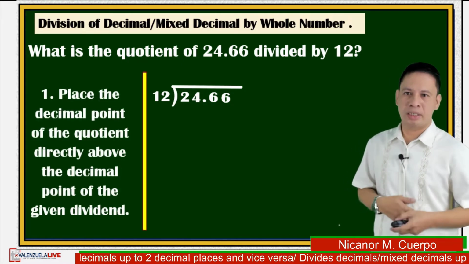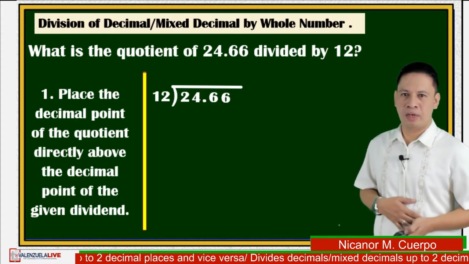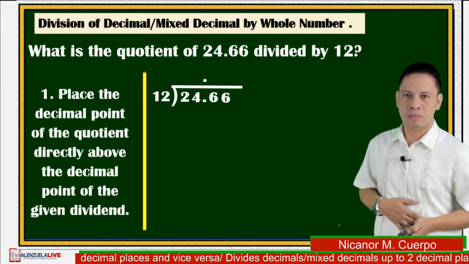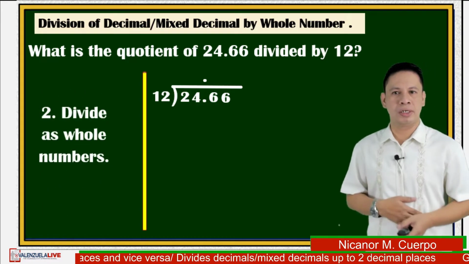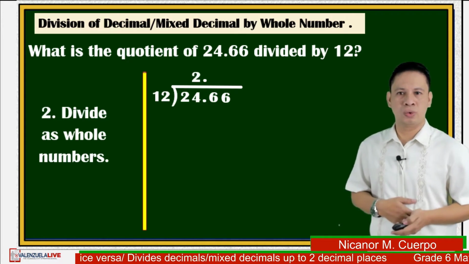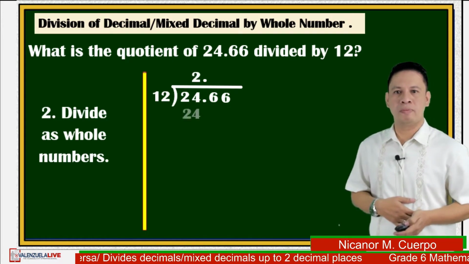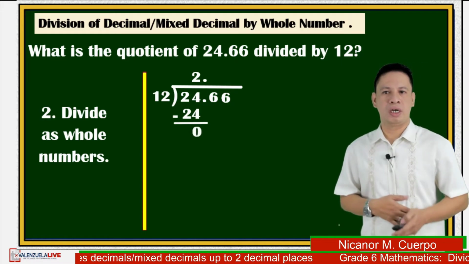So place the decimal point of the quotient directly above the decimal point of the given dividend. Then divide as whole numbers. So 24 divided by 12 equals 2. 2 times 12 equals 24. 24 minus 24 equals 0.